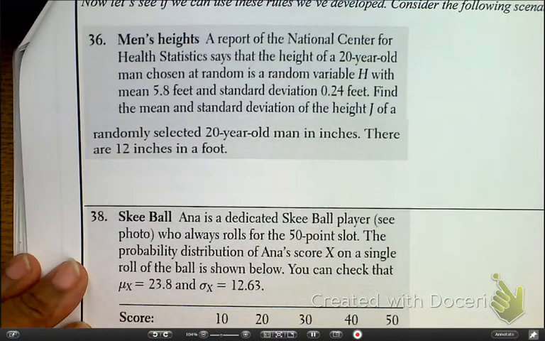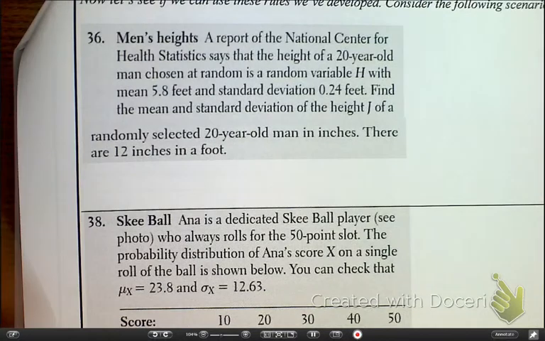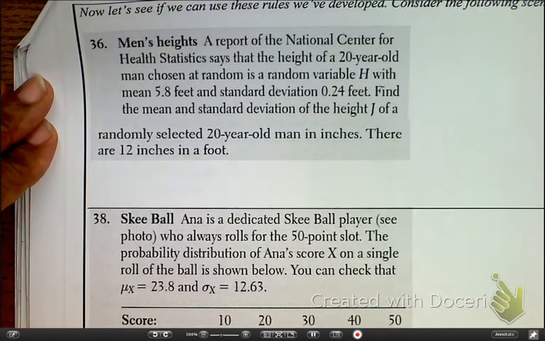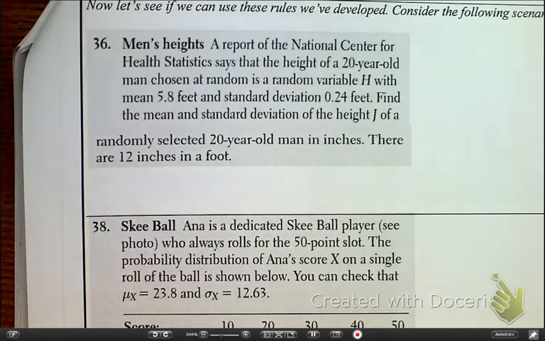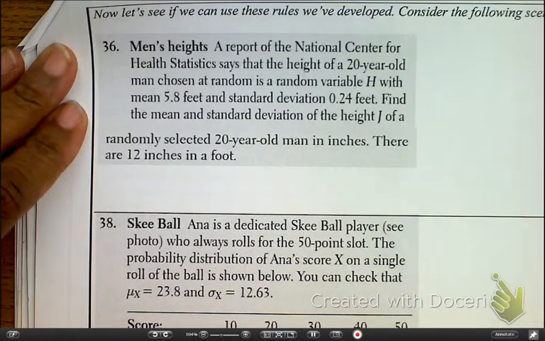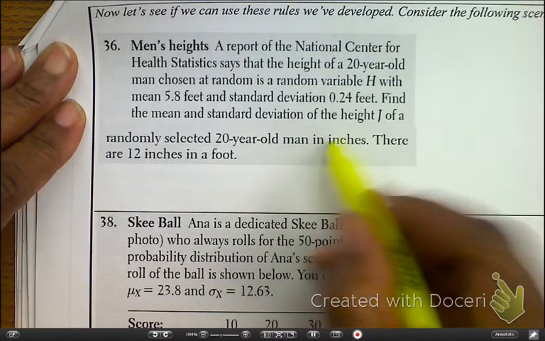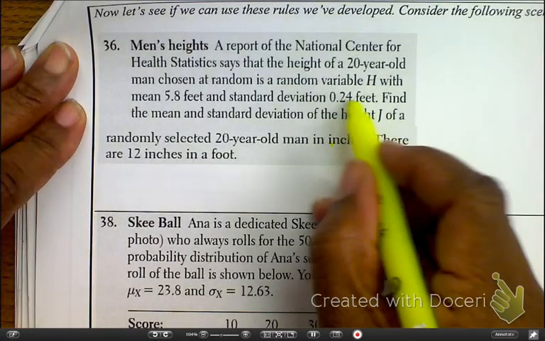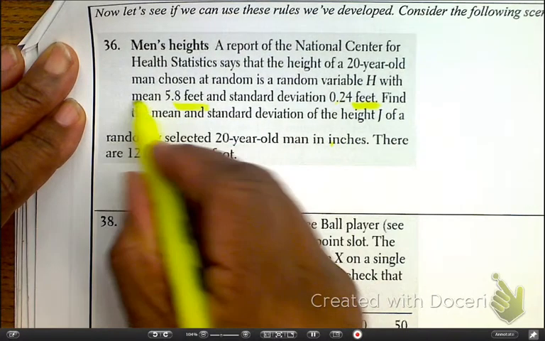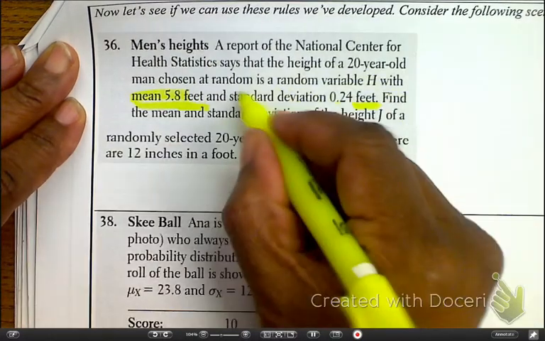Okay, so let's go to your notes, page 11, problem number 36. Go ahead and read that to yourself. Now, here it's asking us to basically convert from feet, because that's what we're given, to inches.